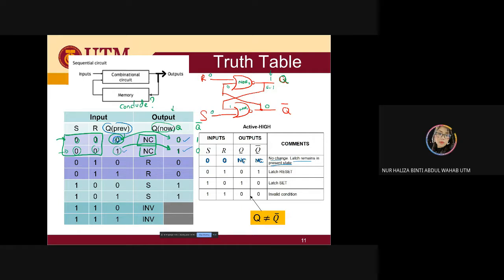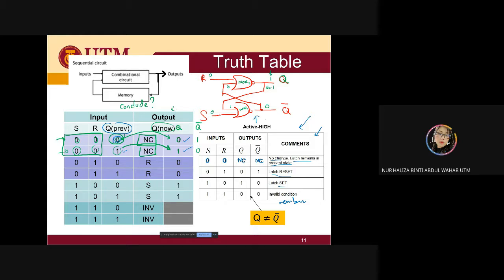Later on, actually, you just need to remember this table. Of course, you can say, okay, if 0, 1, latch is reset. If 1, 0, latch is set. I could just ask you to remember this. But instead, you need to understand how this happened.